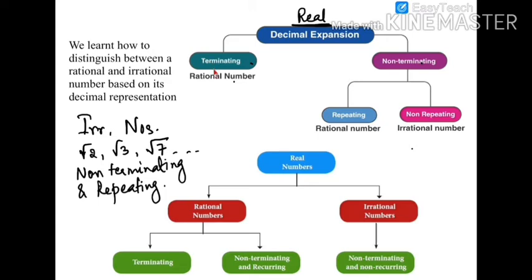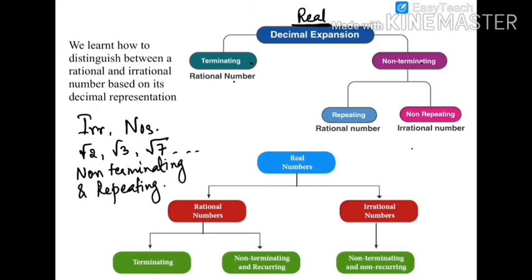So a decimal number that is terminating is a rational number. A decimal number that is non-terminating, repeating, is also a rational number. A decimal number that is non-terminating, non-repeating is an irrational number. So based on the decimal representation, we can easily distinguish between the rational and irrational numbers.